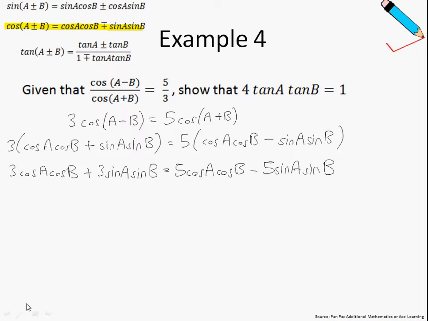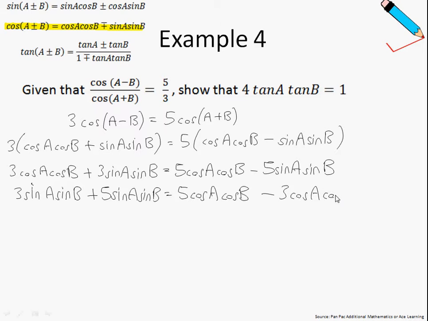Probably easier for you to see it like that. So I'll shift 3 sine A sine B, which is this term over here, plus 5 sine A sine B, equals 5 cosine A cosine B minus this term over here, 3 cosine A cosine B. If I simplify, I have 8 sine A sine B equals 2 cosine A cosine B.